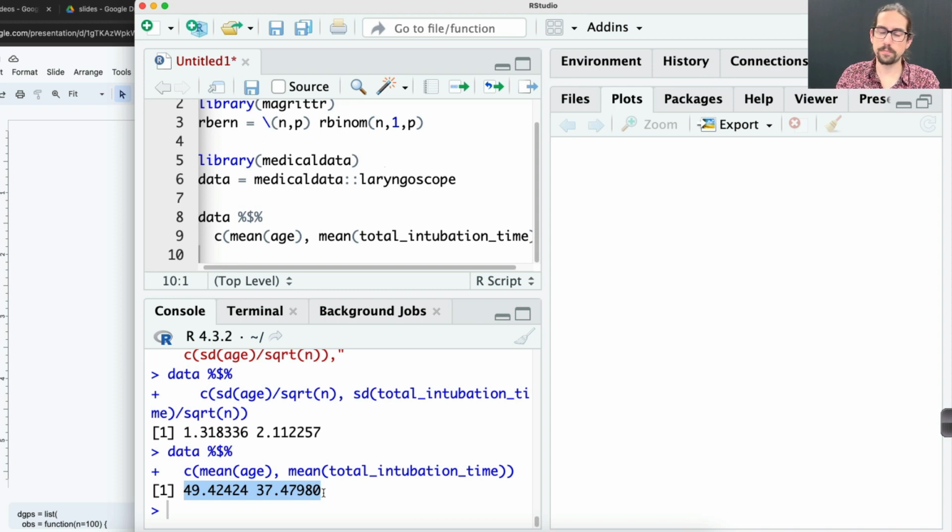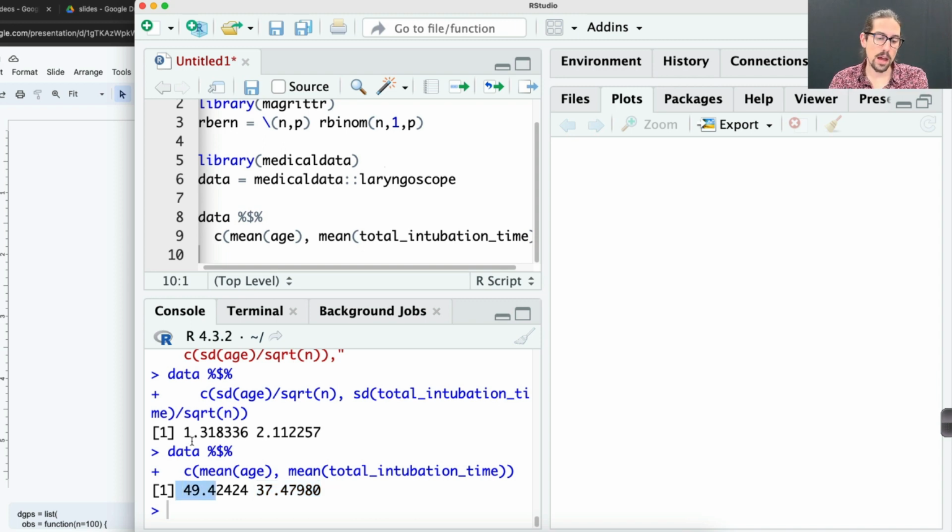So they're not both estimates of the same thing, right? But I would say that I'm more comfortable saying the population mean age is 50 than I am saying the population mean intubation time is 37, because this standard error is bigger. If I redid the experiment, I very well could have gotten a number here like 39, or 35, maybe 34, something even bigger than that.